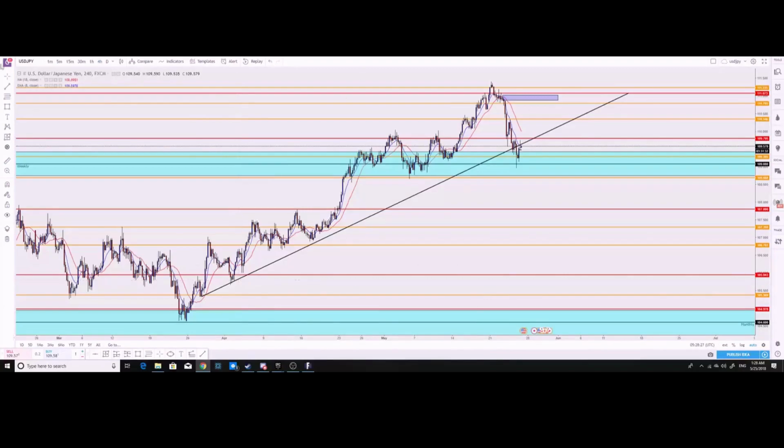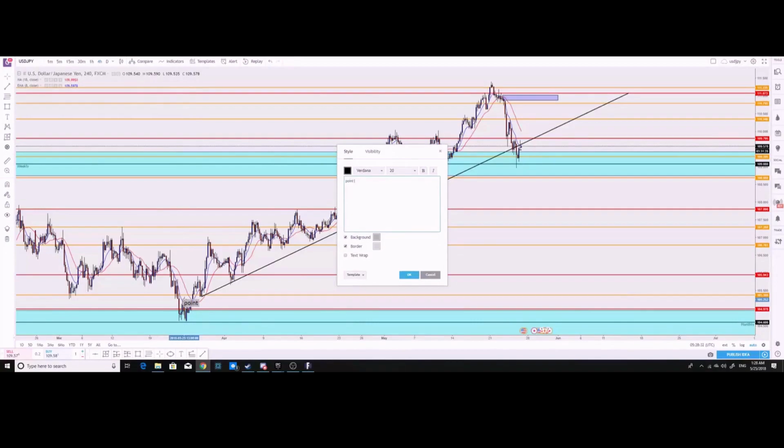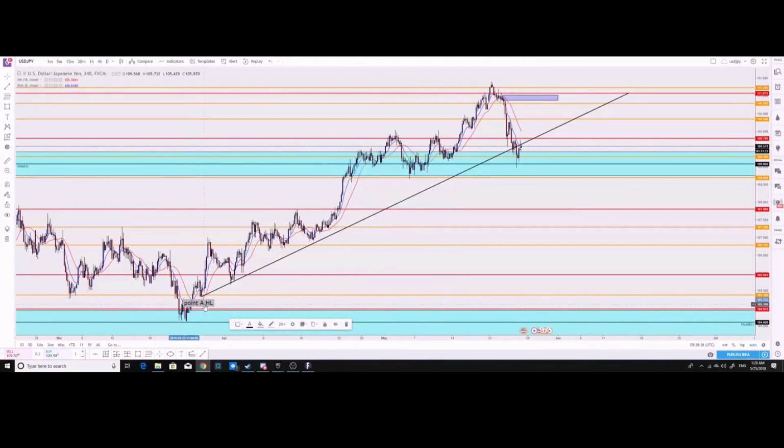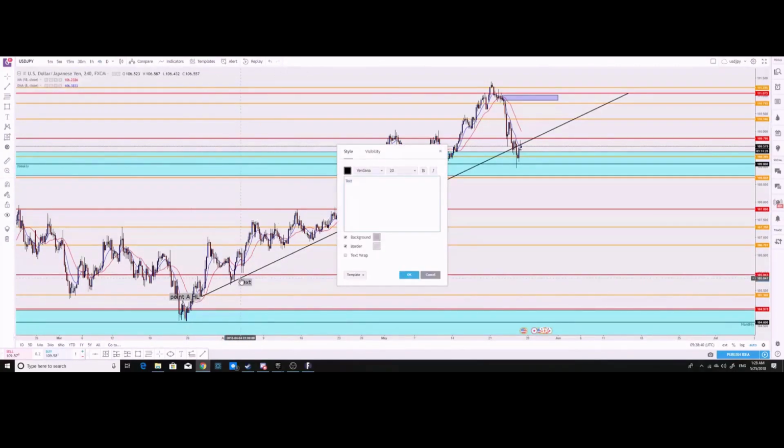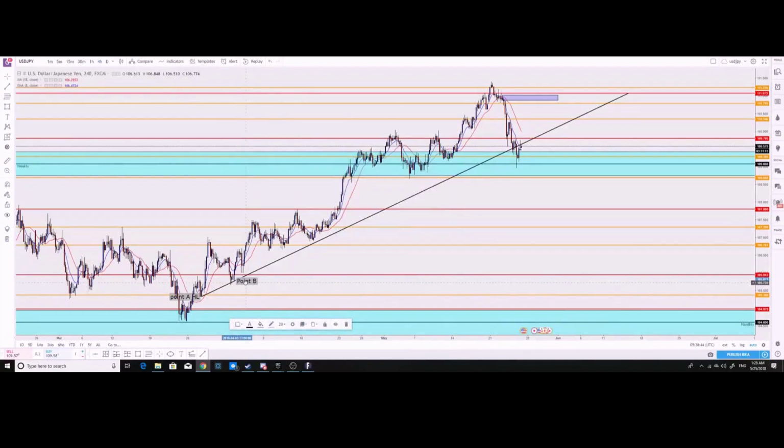So on an uptrend, like I said, point A is a higher low point right here, and then point B is another higher low point. You can't do it from up here and on, because I've seen a lot of people do that for some reason.